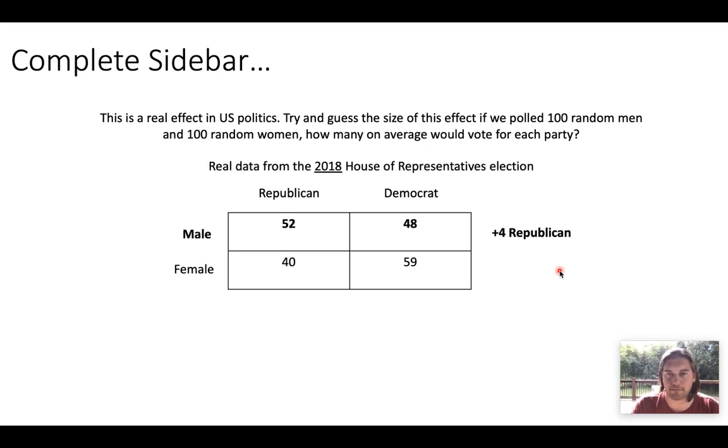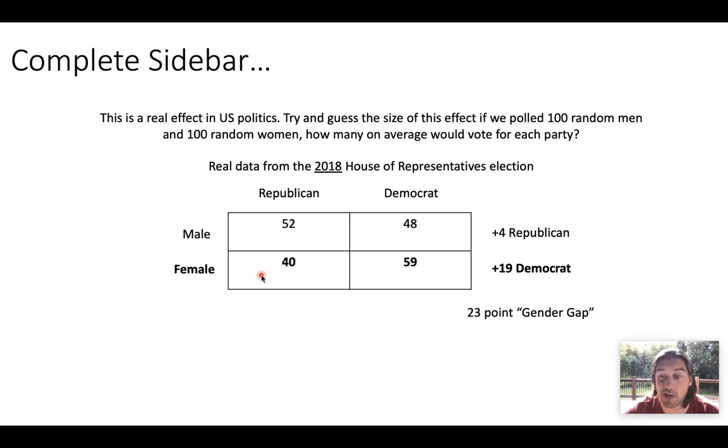And here's the 2018 House of Representatives election results. 52% of males voted Republican, whereas 48% of males voted Democrat. And in terms of political polling, we would call that a +4 Republican lean for males. Right? So males are +4 towards voting Republican.